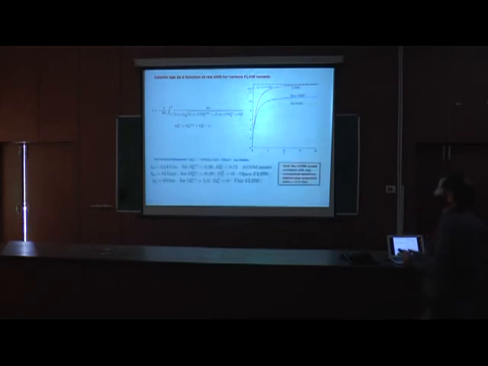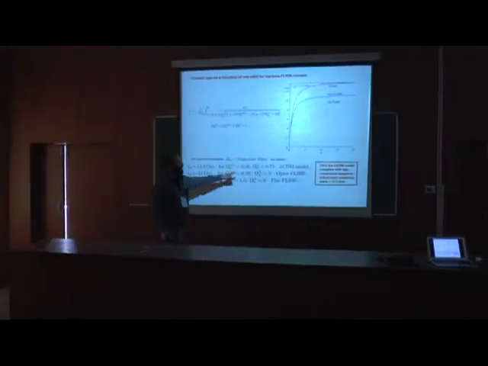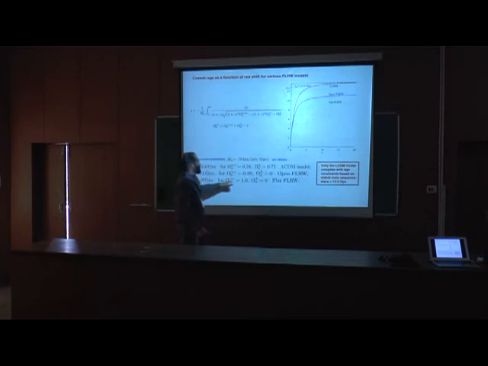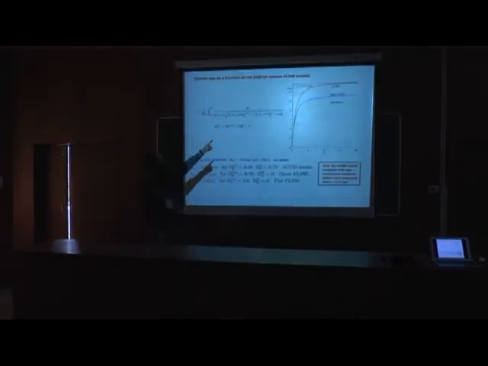What we have is these values, see? For current estimates, as I was telling you, H0 is about 70 kilometers per second per megaparsec, right?